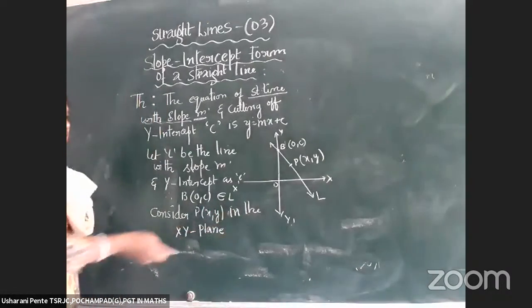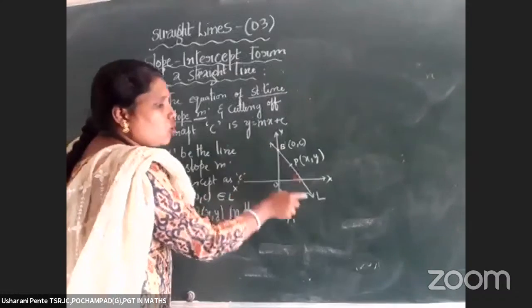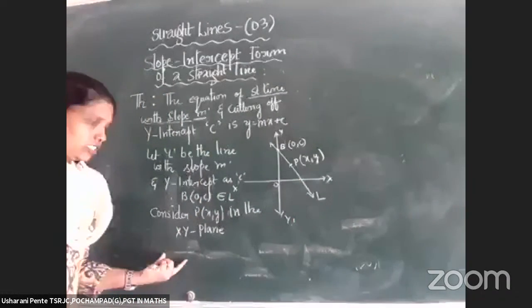We know that if we have two points on a line, we can find the slope.